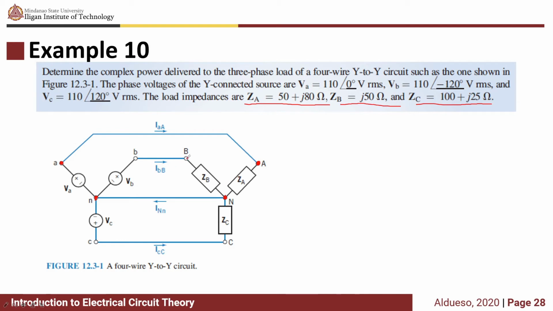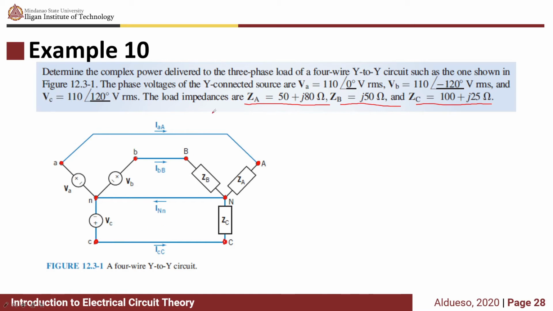For phase B, the phase voltage of this load is equivalent to VB. And lastly, for ZC, the phase voltage across this load is equivalent to VC.